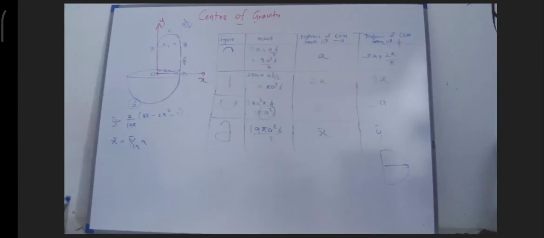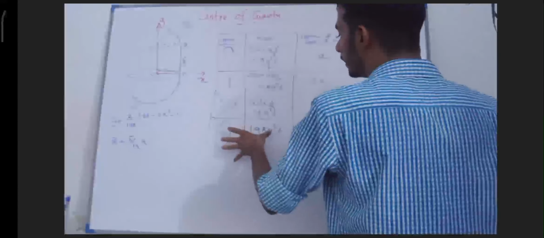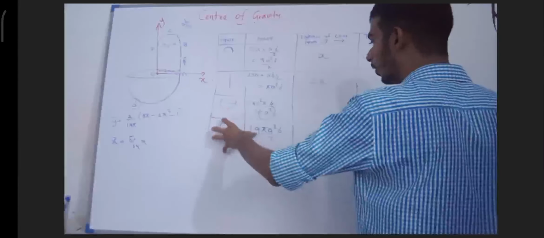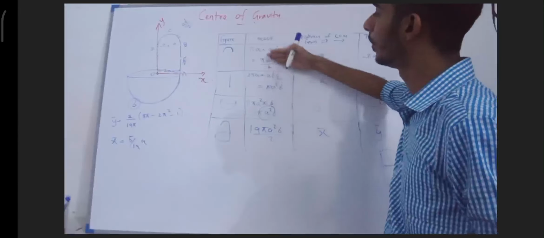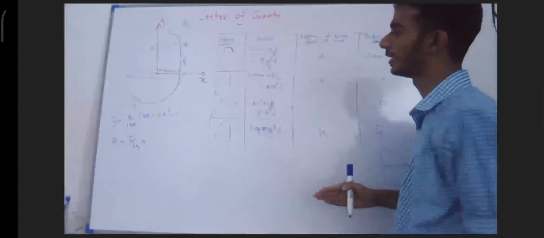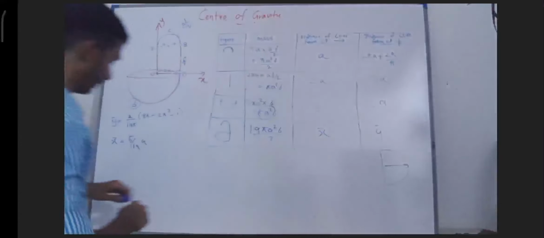What I have to do is take moments about the origin. The moment about the origin of the compound figure will be equal to the summation of the moments about the origin of the figures individually. So you know how to write the equation.